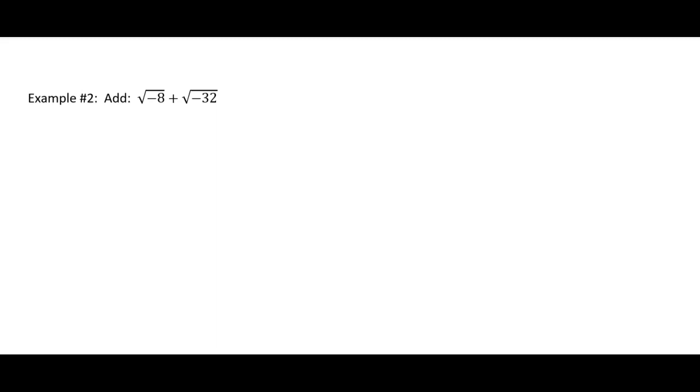There's one thing I didn't mention, and I want to mention it before I forget again. These are only for square roots that we use the i, okay?